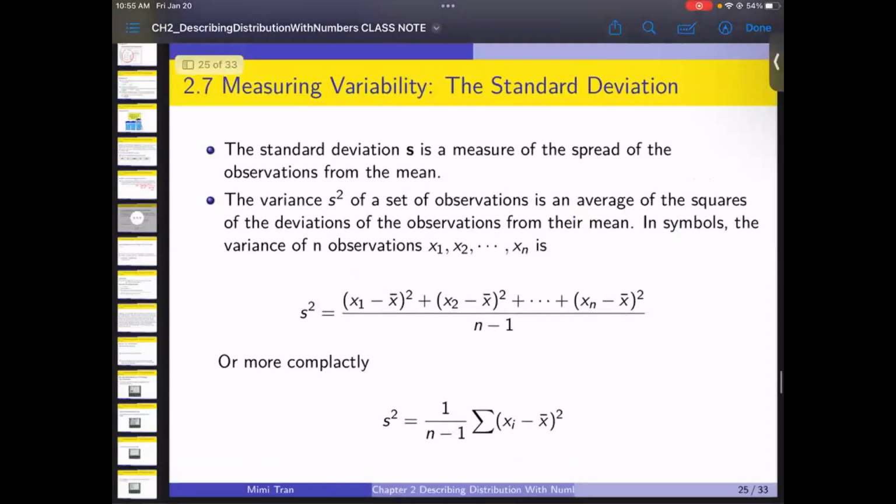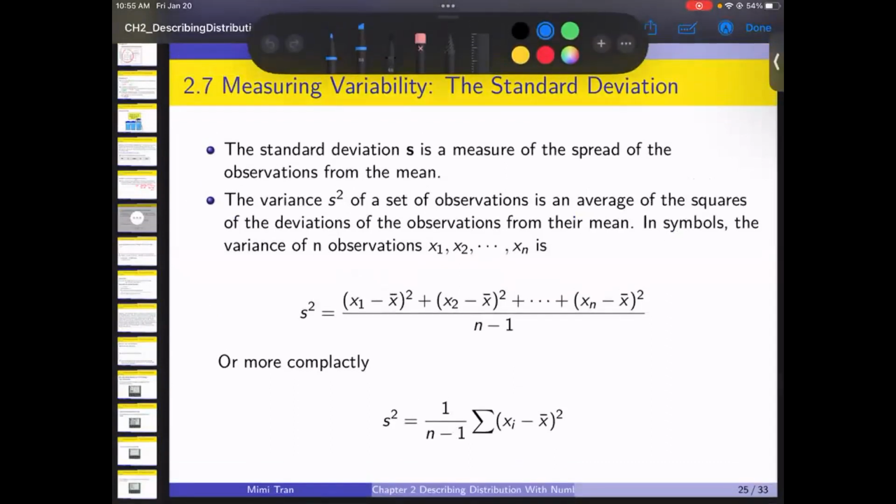Right there, standard deviation S. Here I use S, I mean sample standard deviation. It is a measure of the spread of the observations. Observation is the same thing as data point. It's a different word for it. Data points from the mean.